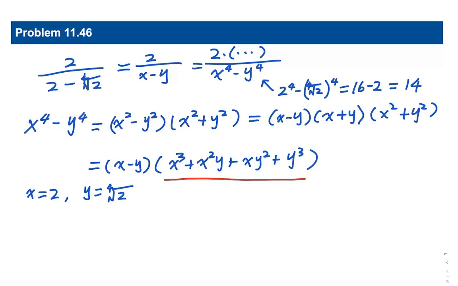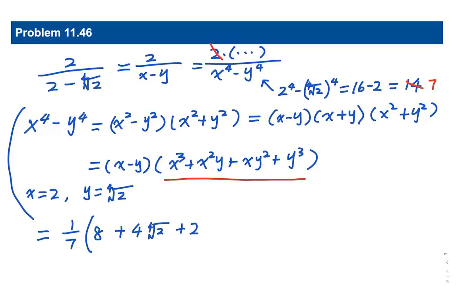Okay, so this 2 cancels with the factor 2 in 14, so we get 7. Therefore, we have this equals 1 over 7 times x cubed, 8, plus x squared y, 4 times the 4th root of 2, plus x y squared, 2 times square root of 2, plus y cubed, the 4th root of 8.